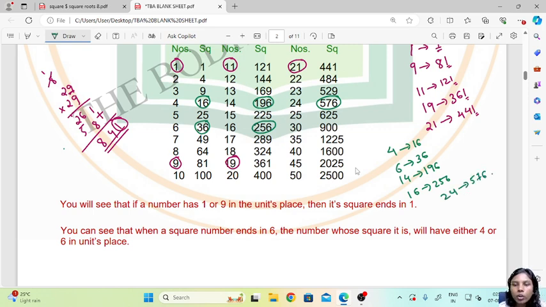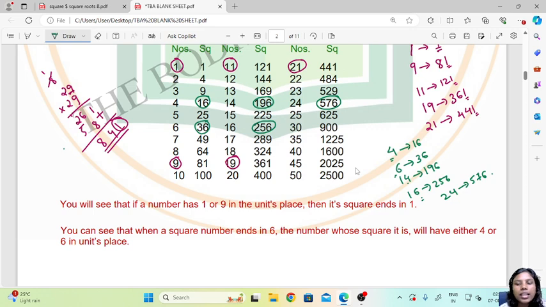So in this case what we are seeing is that for the square numbers which end with 6, their numbers will either have 4 or 6 in the units place.